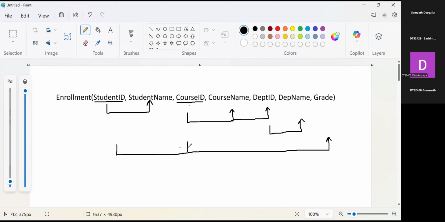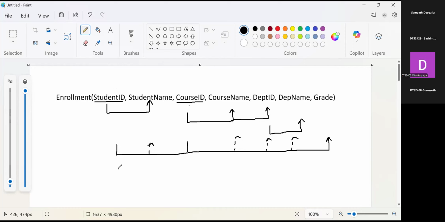Actually, since this is the primary key, we should be able to functionally determine the department ID as well, course name as well, and student name as well, because this is the primary key. But then you know that this one is dependent only on one part of the attributes in the primary key.